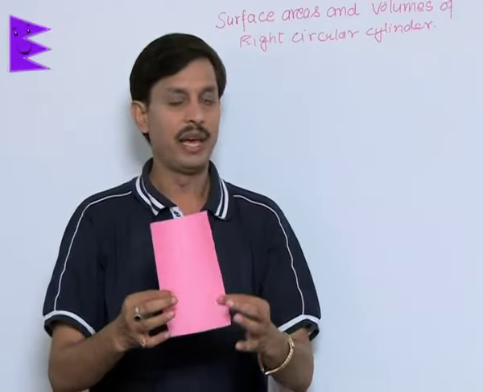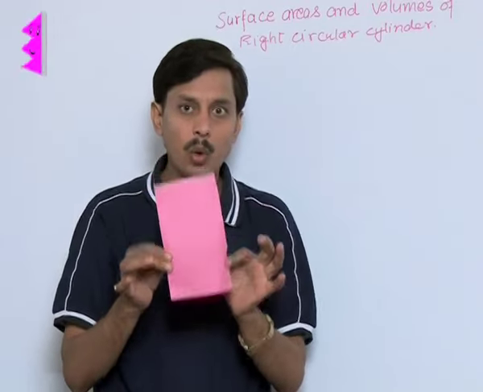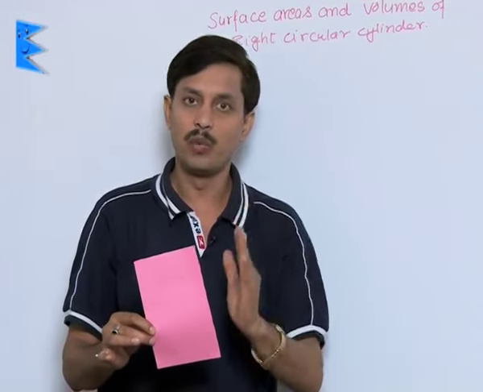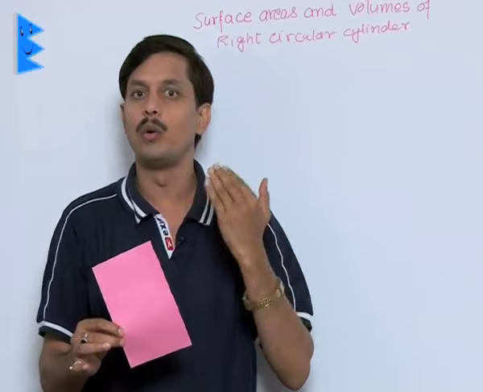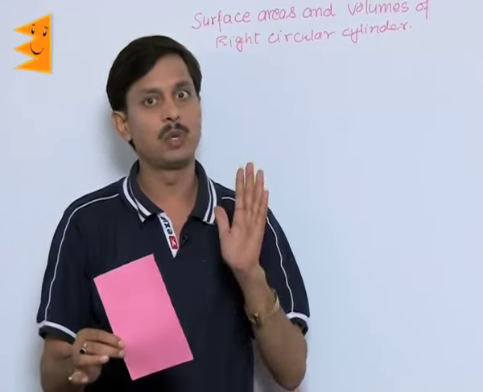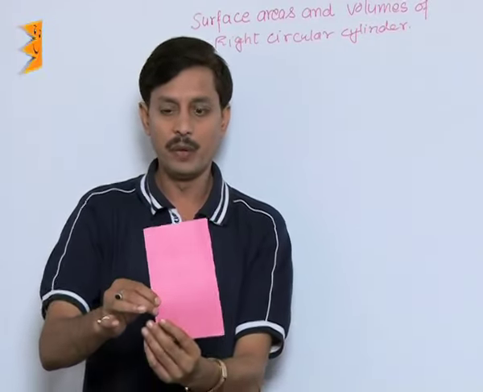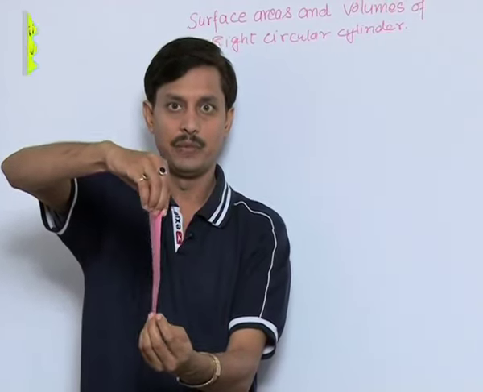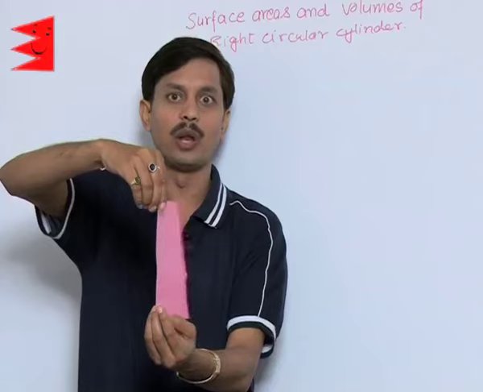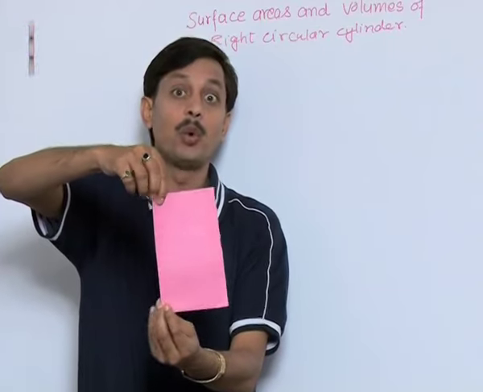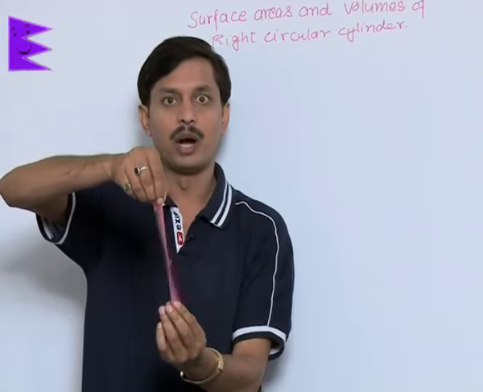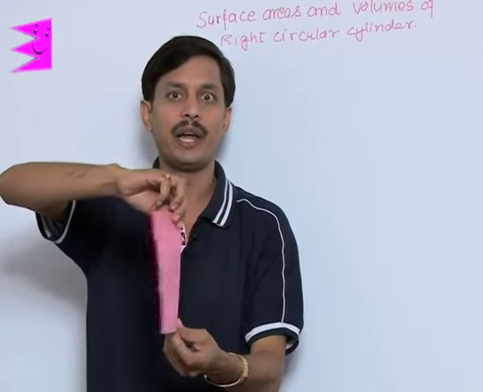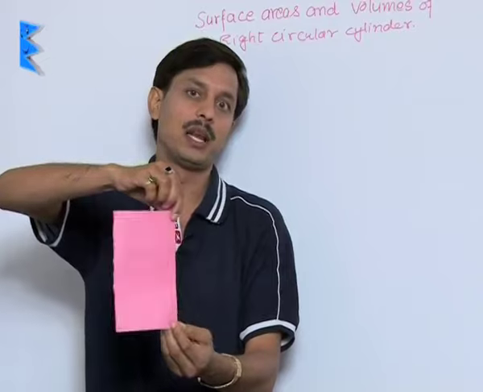Number 2, as I showed you, you can roll a rectangular piece of paper in 2 ways, one along length, one along breadth. So 2 types of cylinder are possible. But if you fix its length and you rotate this piece of rectangular sheet of paper, then you can observe what amount of space is occupied by rotating this rectangular sheet.